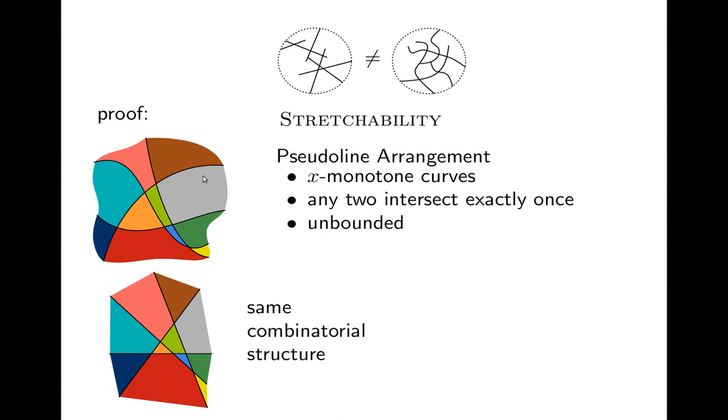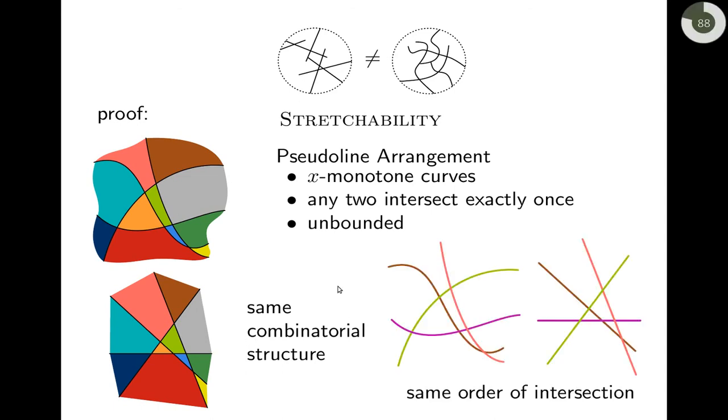And this holds for all faces, that they have the same incidence structure, and this means that these two line arrangements are the same. But there is a different characterization of what same combinatorial structure means: the same order of intersection, and we will use this definition.